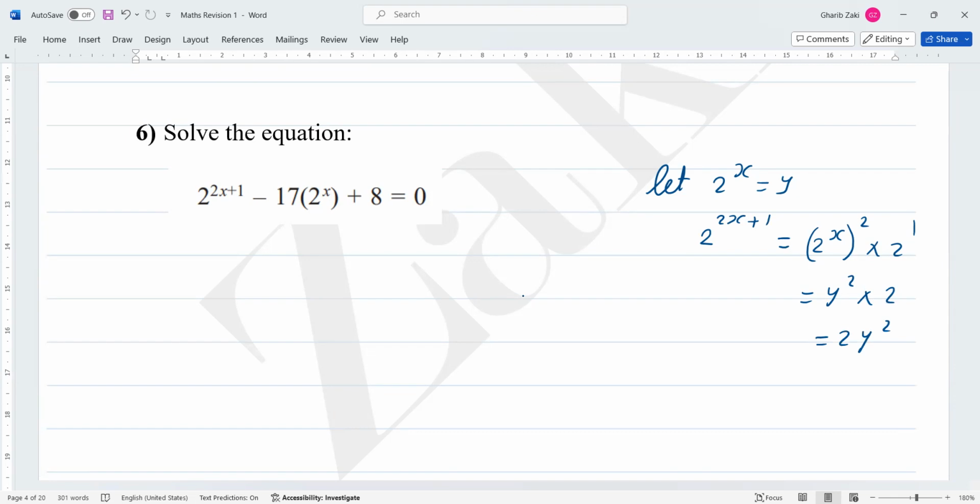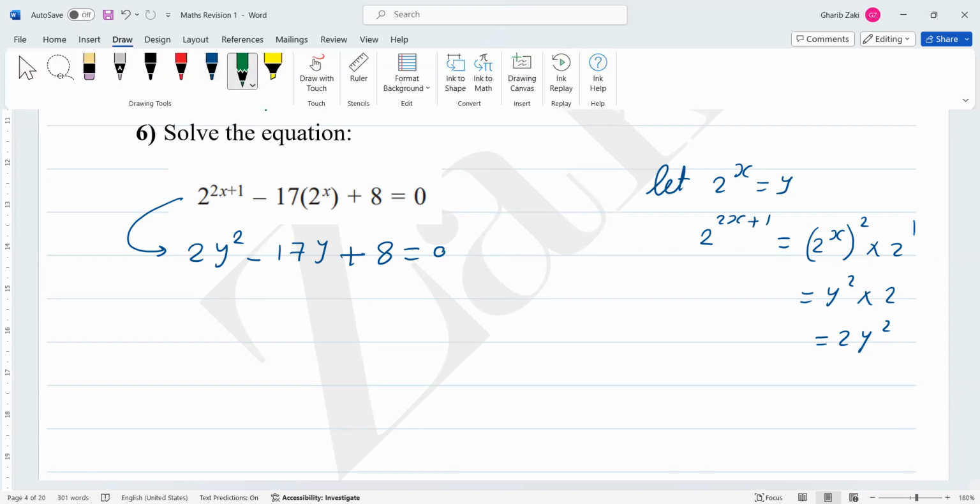Then we rewrite the equation in another letter. So 2 power 2x plus 1 will be 2y squared minus 17y plus 8 equals 0. We solve this by using the calculator mode 3. You will get here, but I use the pencil. You can do this in the exam.